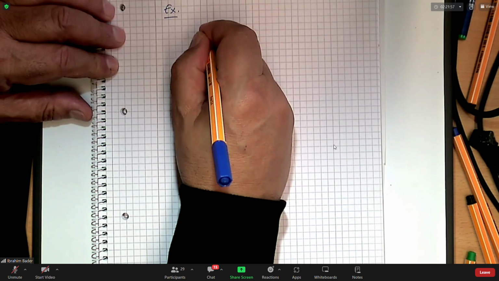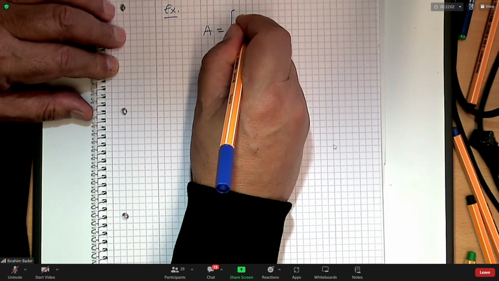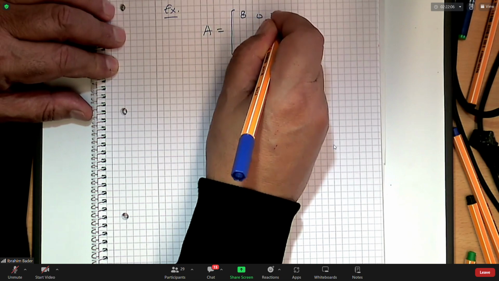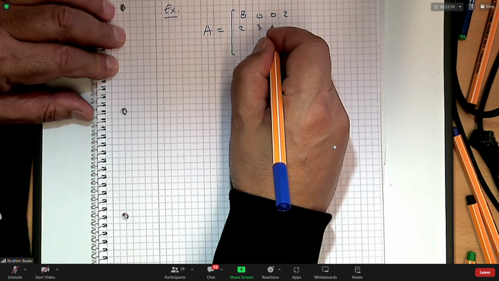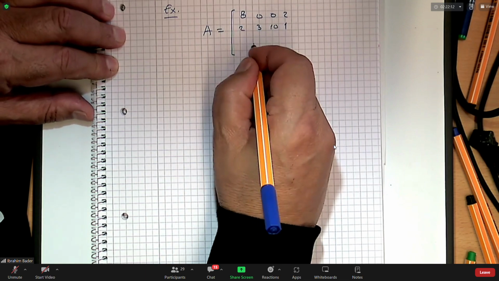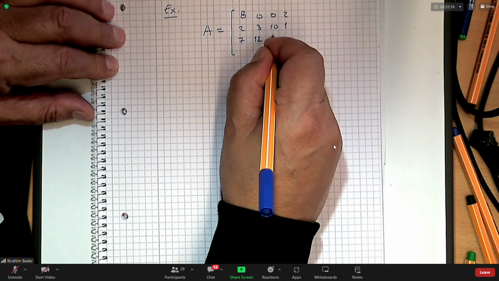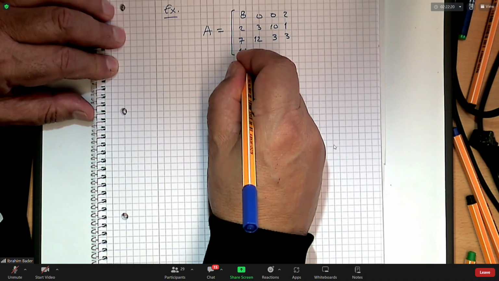So I have this matrix: 8, 0, 0, 2, 2, 3, 10, 1, 7, 0, 4, 2, 5, 2, 1, 8. Just to make sure that you understand the topic.